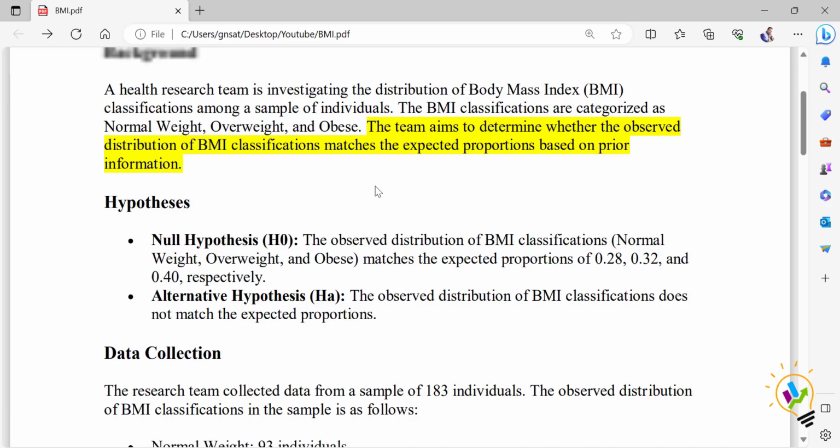So this is called expected. Now we are going to see whether there is any difference between the observed distribution and the expected distribution. Alternative hypothesis, the observed distribution of BMI classification does not match the expected proportion.